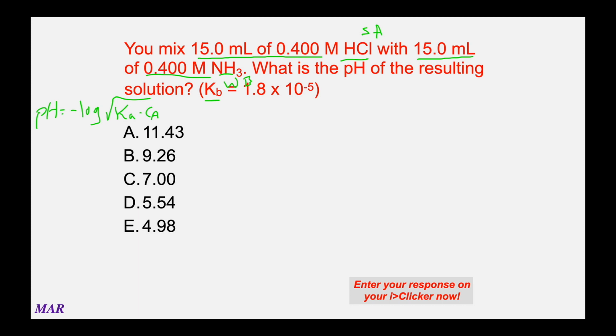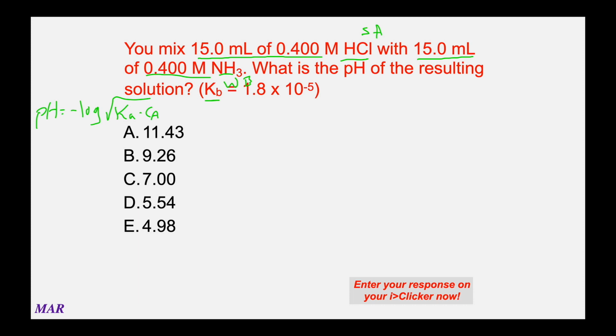Well, we can turn a Kb into a Ka because Kw equals Ka times Kb. So Ka equals Kw divided by 1.8 times 10 to the minus 5. No problem. For Ca, the concentration of ammonium, we need to know the moles of ammonia and the total volume. Moles aren't too bad. You can use either HCl or ammonia.